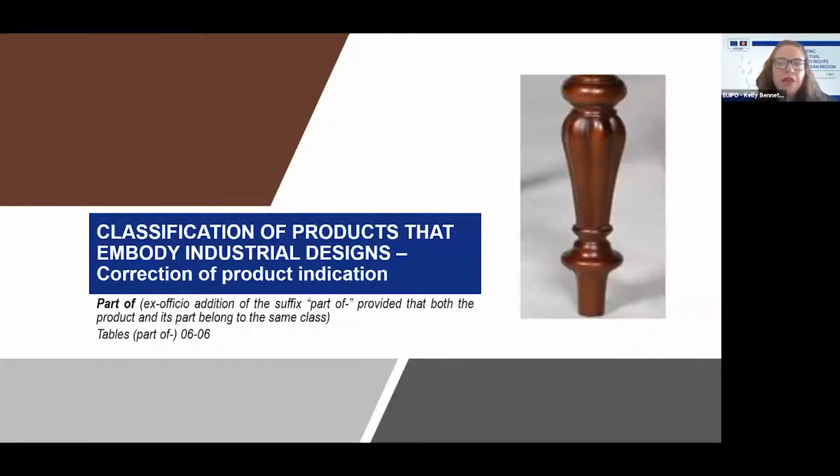On the other hand, if the appearance is of the product as a whole, but only part of the product is indicated as a product indication in the application.